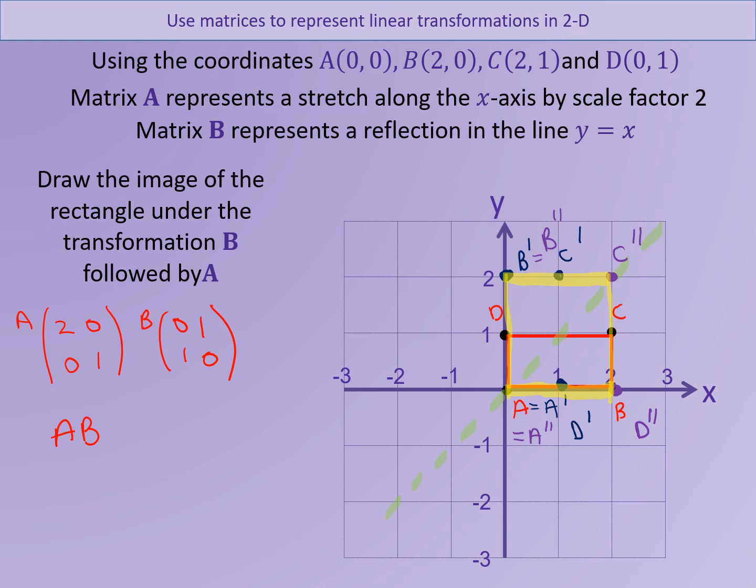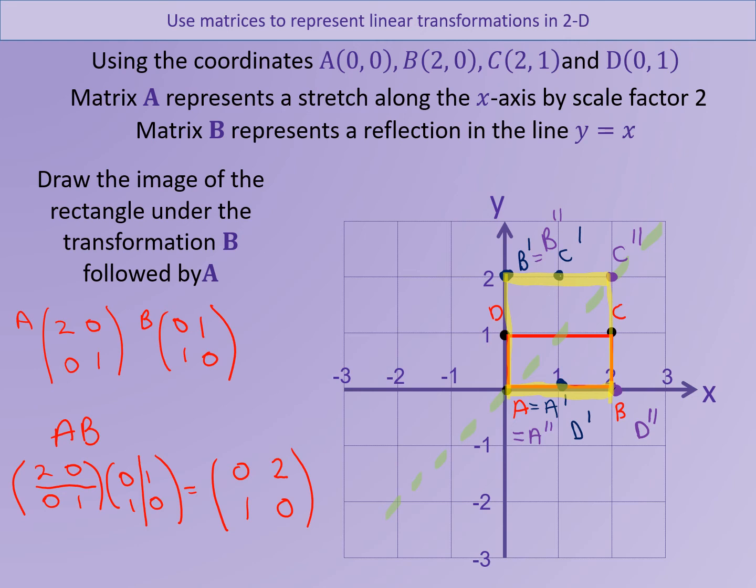And we can check this as well. So we have [2, 0; 0, 1] times [0, 1; 1, 0]. Let's multiply these two together. So we have 0, 2, 1, and 0 there. So this is the transformation matrix that represents B followed by A.